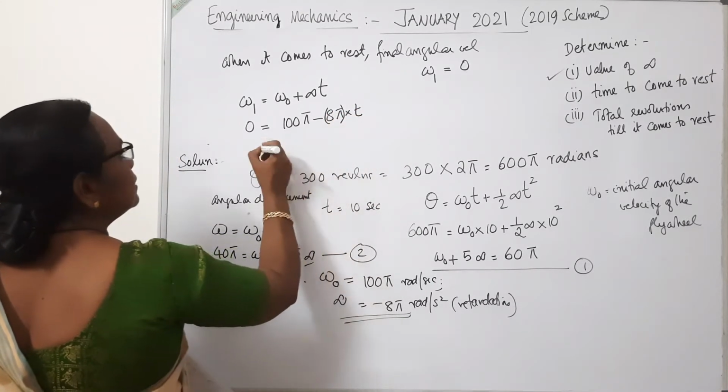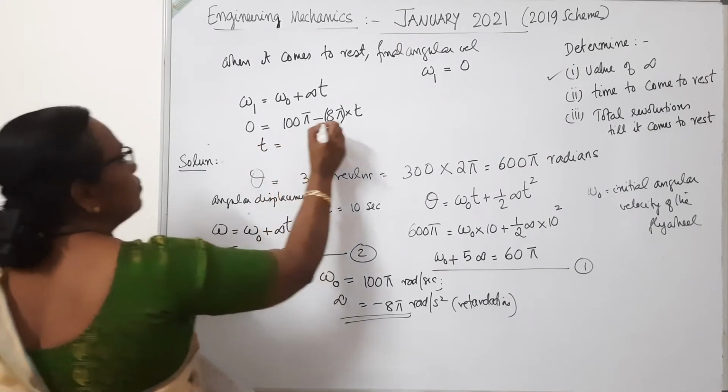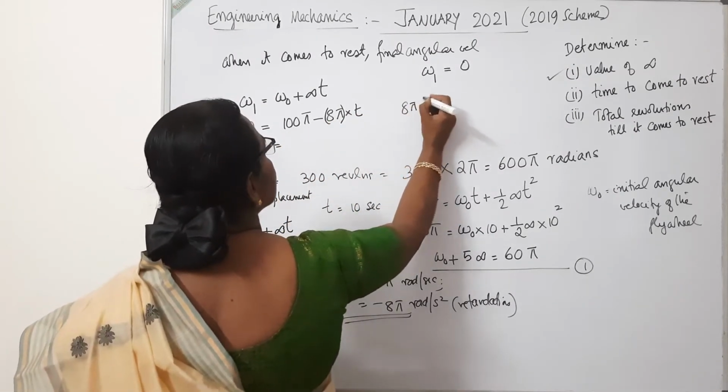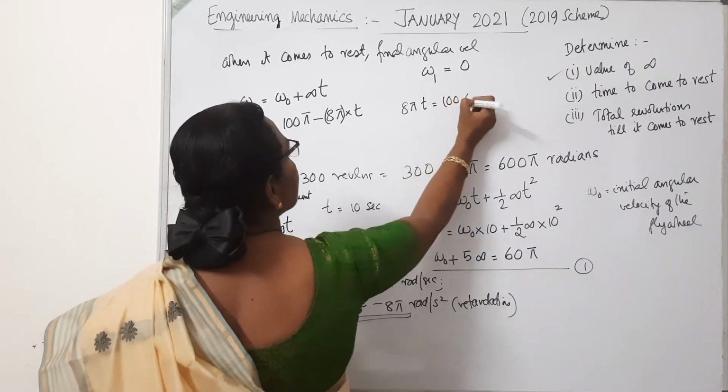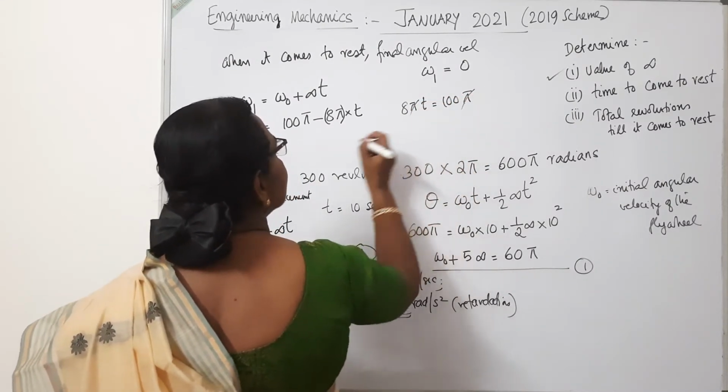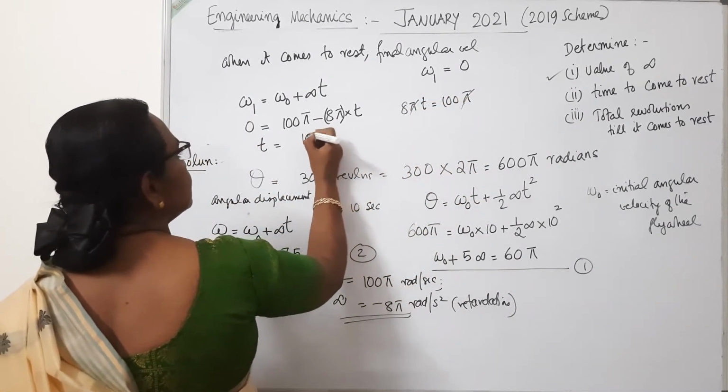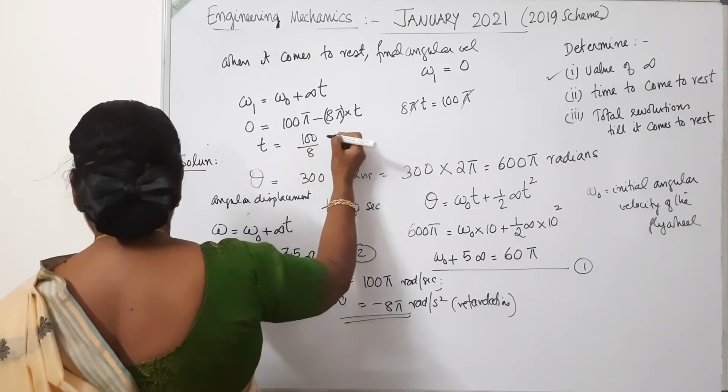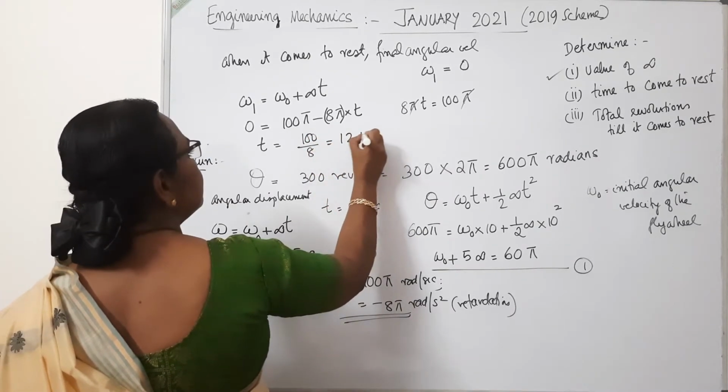So 8 pi t is equal to 100 pi. Pi gets cancelled, and t is equal to 100 by 8, which is 12.5 seconds.